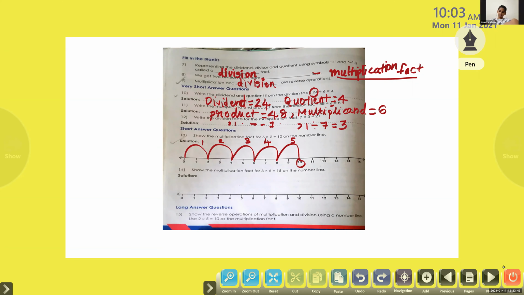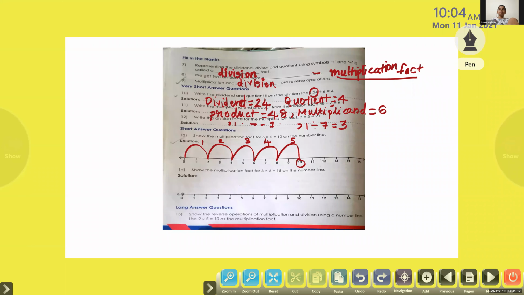Show the multiplication fact for 3 into 5 equal to 15 on the number line. Here, we have to do the skip counting by 5, 3 times. So we have to start from 0.